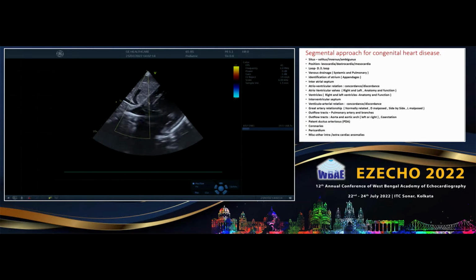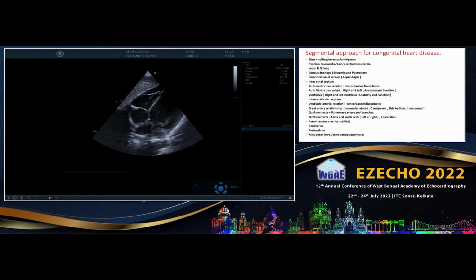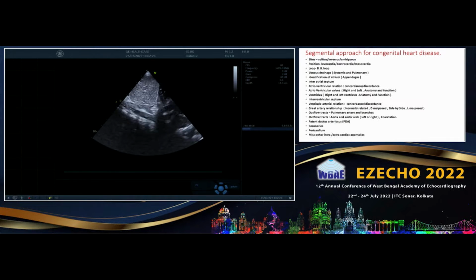So this is the situs which we have identified, with the liver on the right side and the stomach bubble on the left side. So this is a situs solitus.